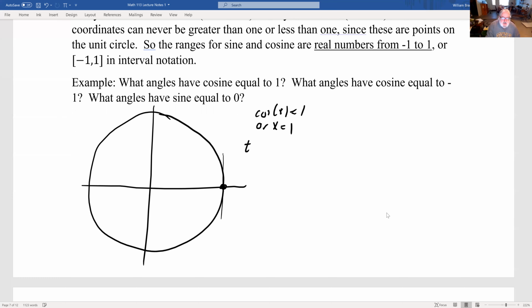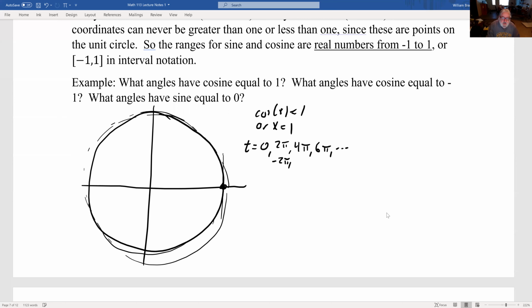And so what could t be? t could be 0, but if you go around the circle once this way, that means 2π, or it could be 4π, because that'd be going around the circle twice, or 6π, which would be going around the circle 3 times, and so on. Or you could go around the circle the other way, and that would be -2π, -4π, -6π, and so on. So cosine of t equals 1 when t is a multiple of 2π, or 0.